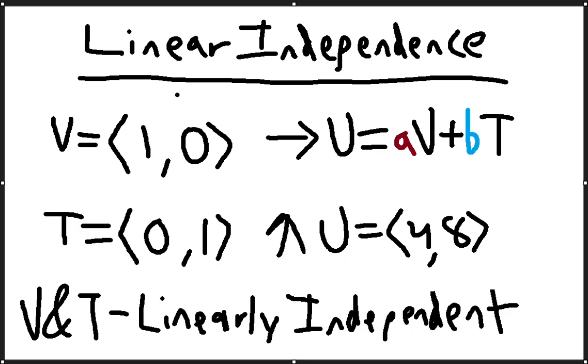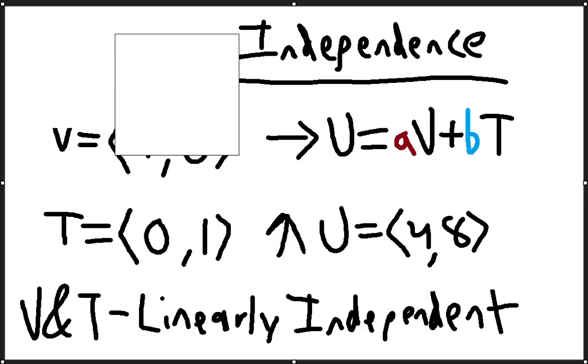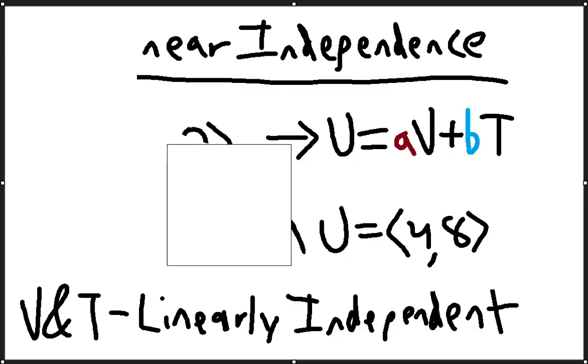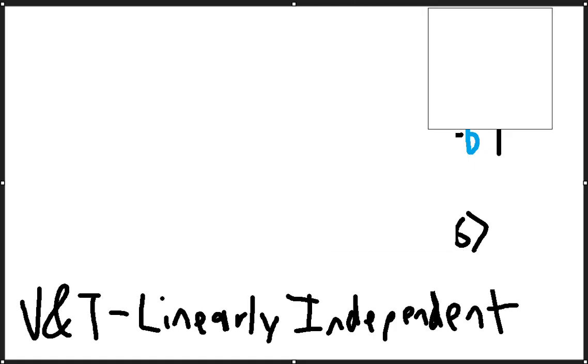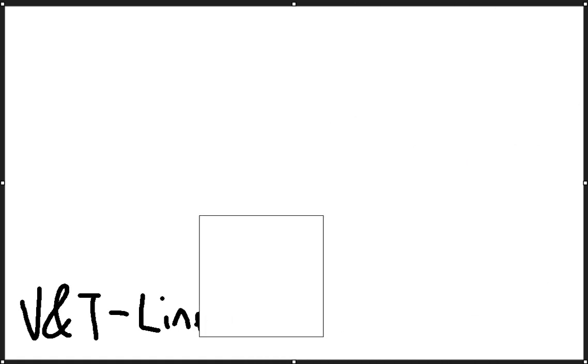And this will come up again later when we look at quantum spin. But for now, that's all you have to think about. That's all it means by linearly independent. It means that you can't combine the vectors to get the other vectors in the set.